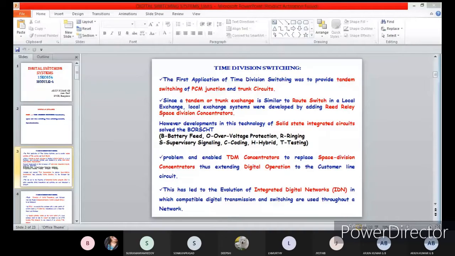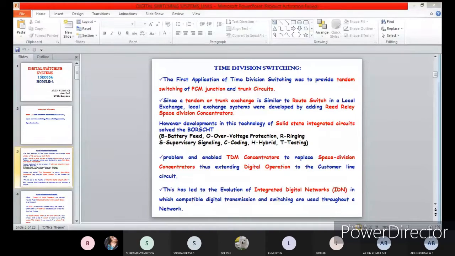Otherwise, suppose you are not in a particular city or area at that time; the call can be forwarded to some other number. That is the call forwarding option. And suppose two or three persons call together; that is a conference call, which is also one of the features. We discussed that in this module. That is also very simple, nothing different.